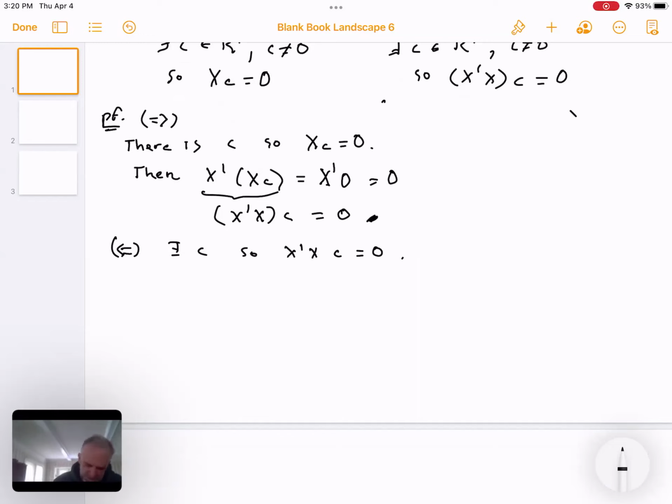So we can say, just multiply both sides by C prime. So C prime X prime X C must equal C prime times 0, which equals 0. But what is this?